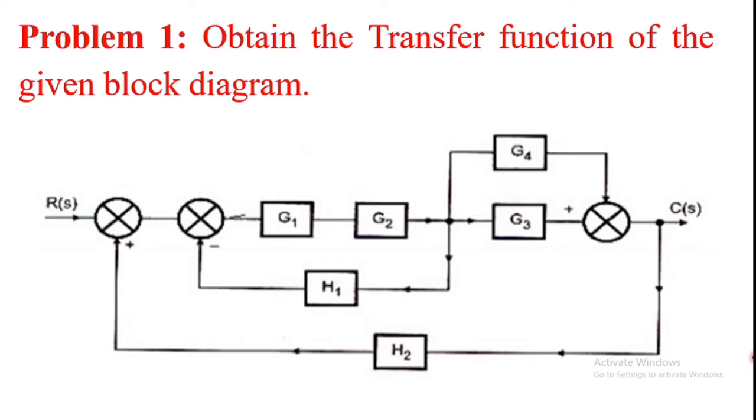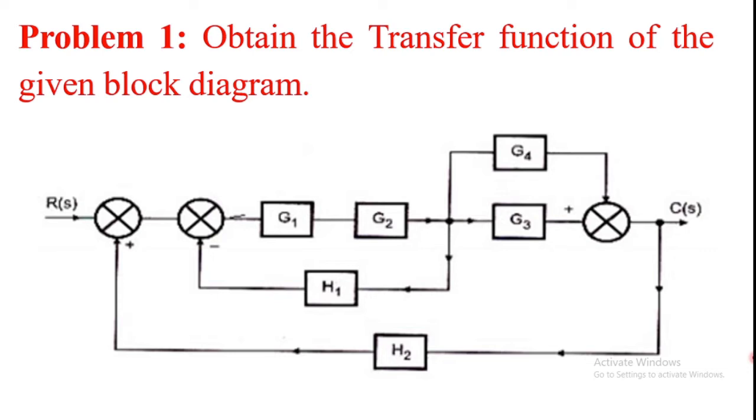So what is step 1 to step 4? Step 1 is eliminating the cascade blocks. Step 2 is eliminating the parallel blocks, step 3 is eliminate the minor feedback loops, and step 4 is moving the branch points and the summing points before the block and after the block.